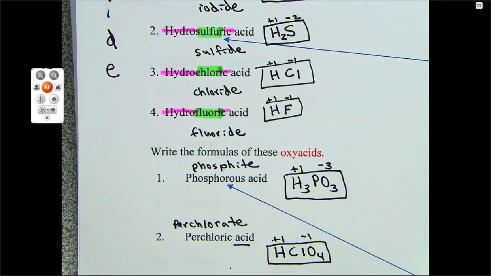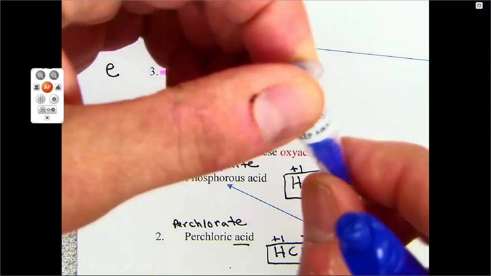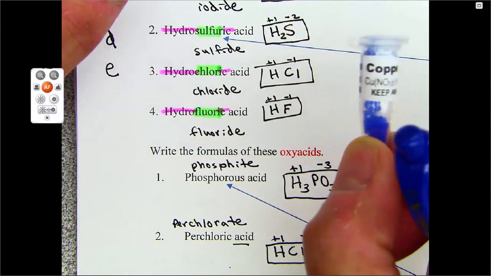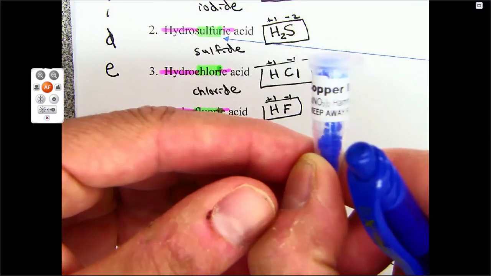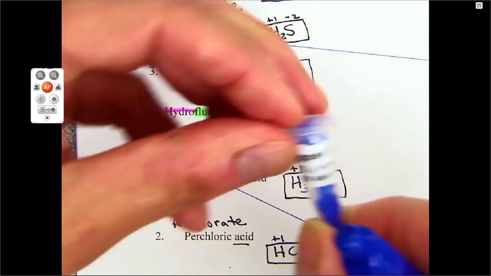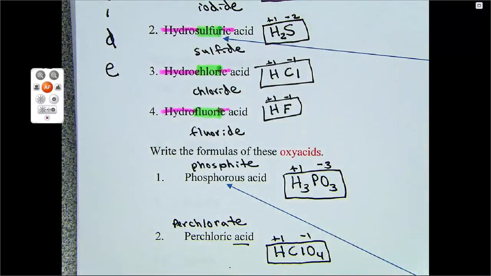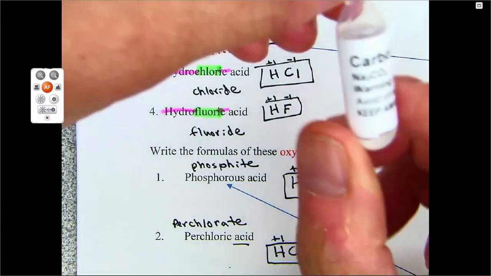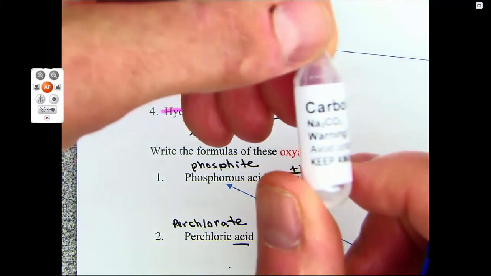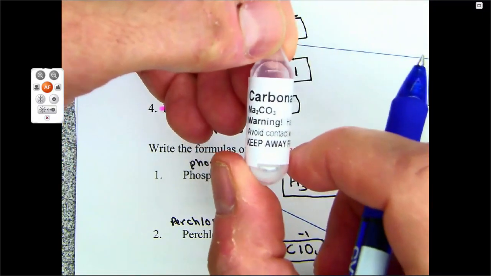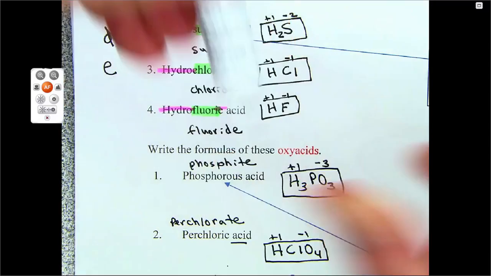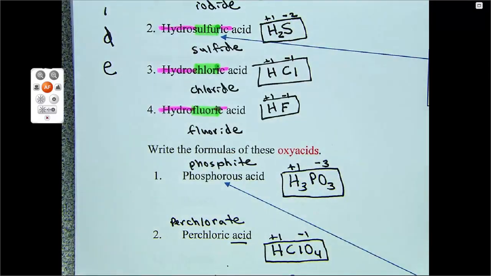So hopefully you're getting more comfortable with writing all these out. Again, I think I showed you before, this one here, copper 2 nitrate. This is in one of the labs that you're going to do if you're online general chemistry. Sodium carbonate, carbonate being a polyatomic ion. And so on.